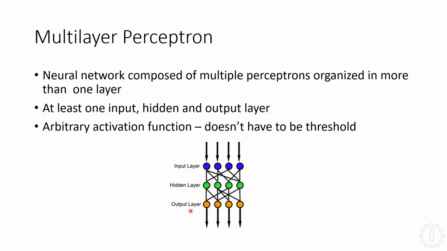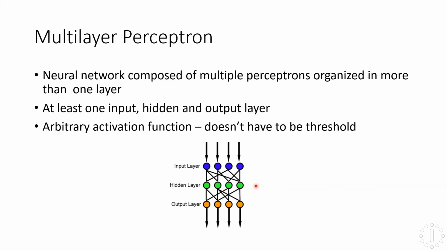In the example here we have one output layer. The connection between the hidden layer and the output layer is done the same way as the connection between the input layer and the hidden layer. Each neuron here is connected to one output layer, and each output layer is connected to all neurons in the hidden layer.